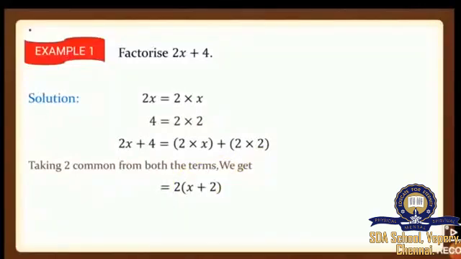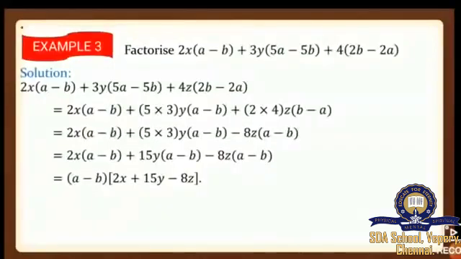So let's see another example. Example number 3. Factorize 2x into a minus b plus 3y into 5a minus 5b plus 4z into 2b minus 2a. Here the first term I am writing as it is.